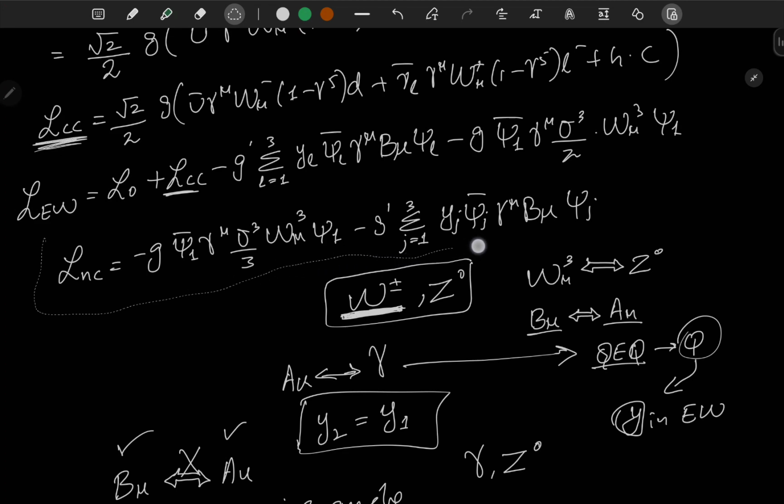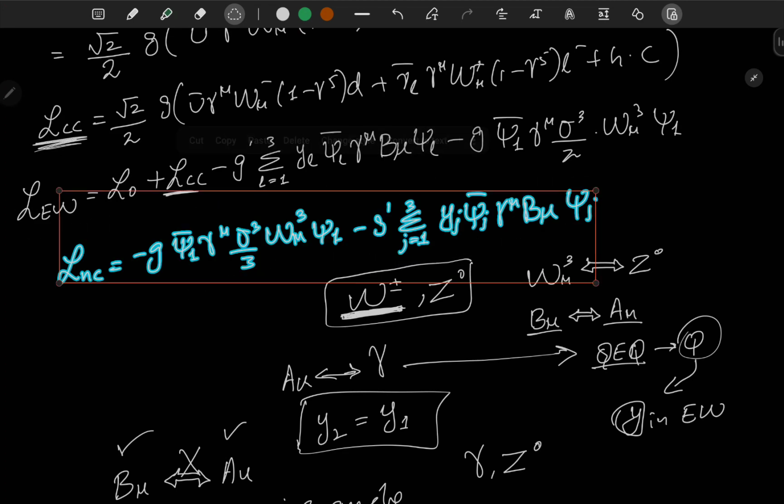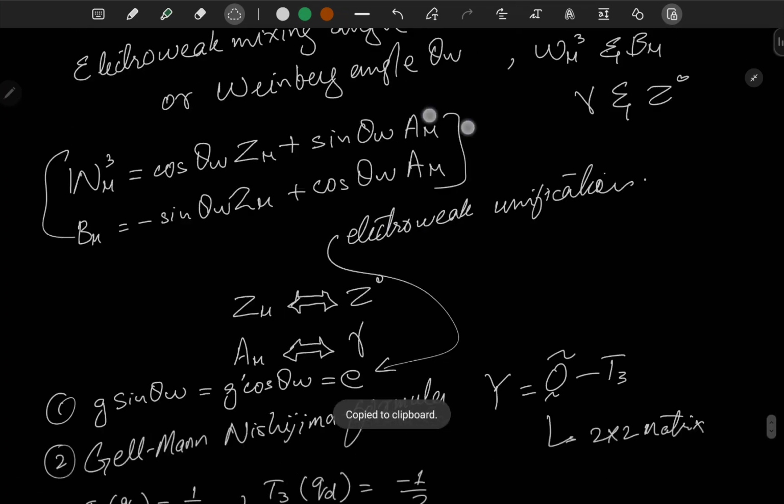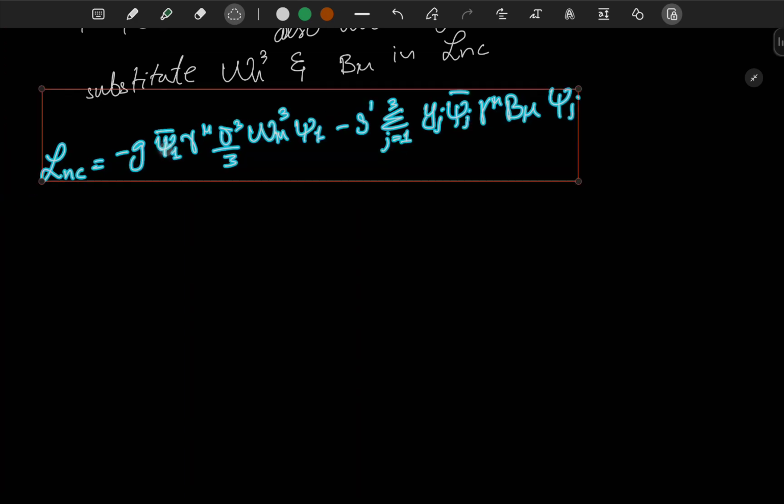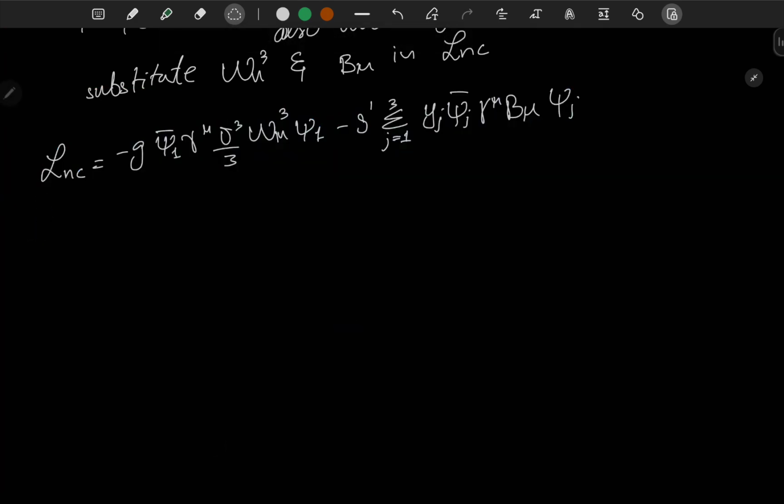We take this from here, paste it here, and then substitute our electroweak unification into this neutral current. We get gamma mu sigma 3 over 2 W mu.